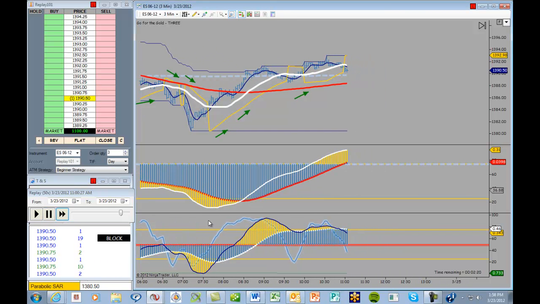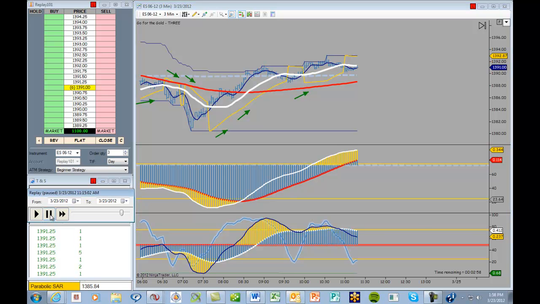Okay. Looks like we got another pullback happening here. Alright, stochastic is into the oversold zone. Keep an eye out for its turnaround. And there it is.